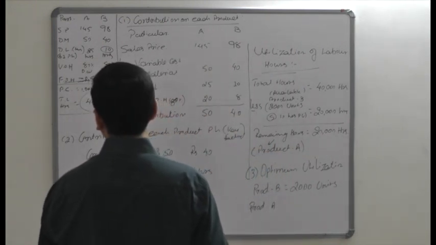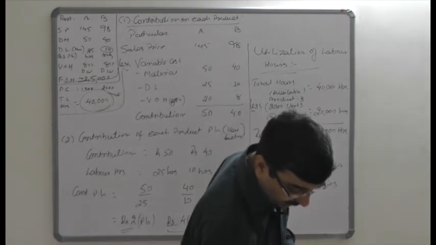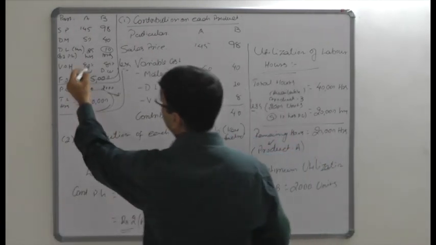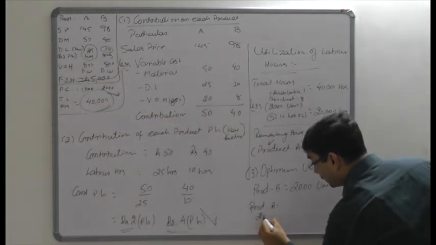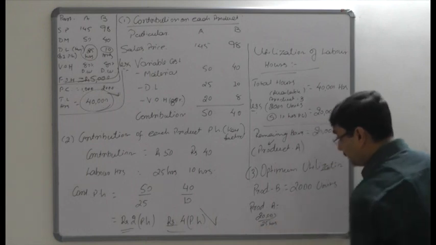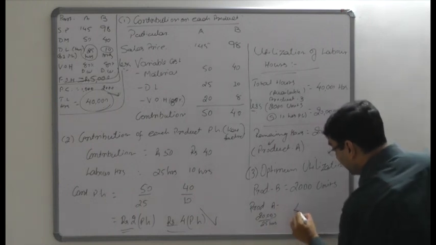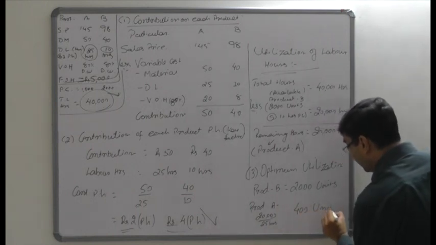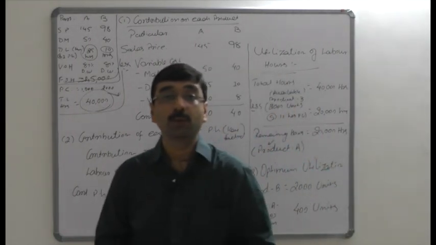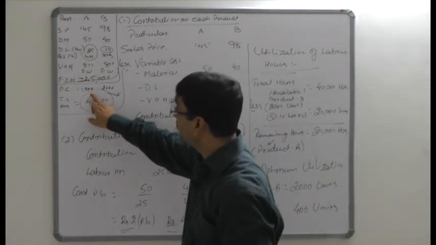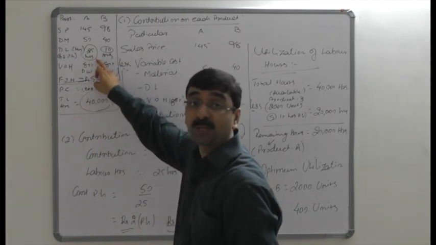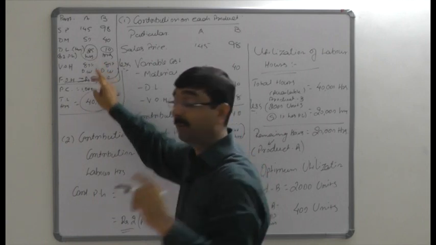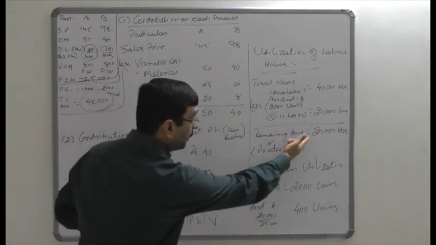We need to identify that 25 hours is used to manufacture one unit. So 20,000 hours divided by 25 hours per unit. How many units of product A can be manufactured? How many hours are required for manufacturing one unit of product A? That is 25. How many remaining hours are in your hand? That is 20,000 hours.